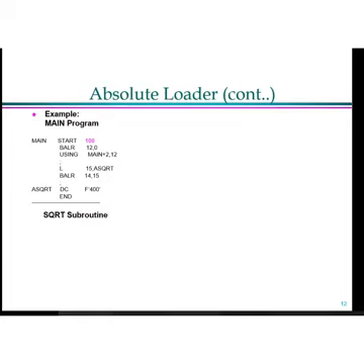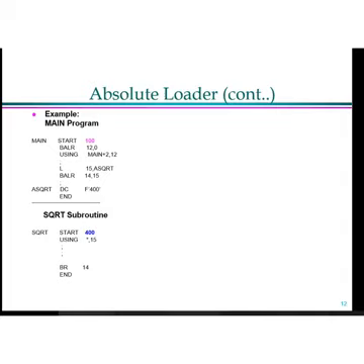Similarly, for the SQRT subroutine, I have written start 400. The blue 400 shows the programmer has specified the starting location here itself. The rest of the instructions, you are now aware how to translate with the assembler. Then the end of SQRT.